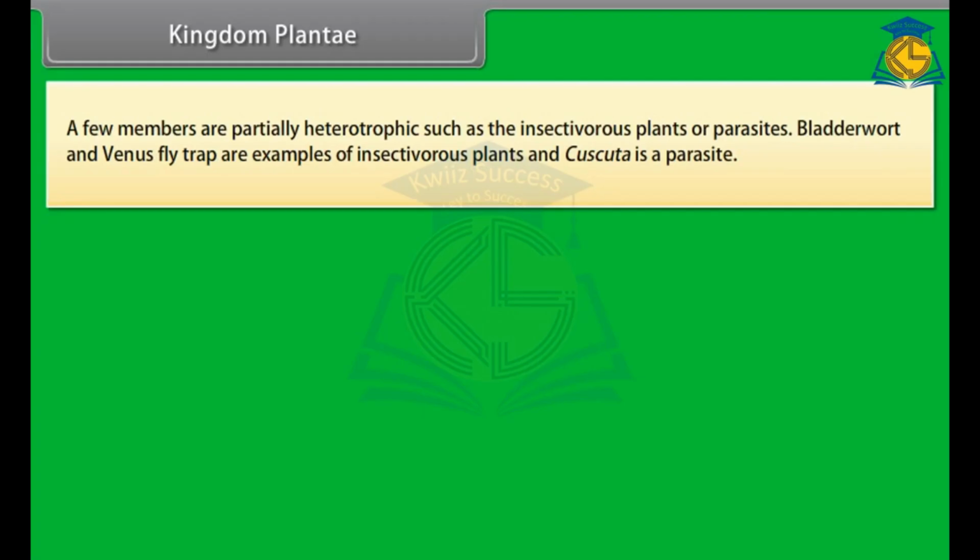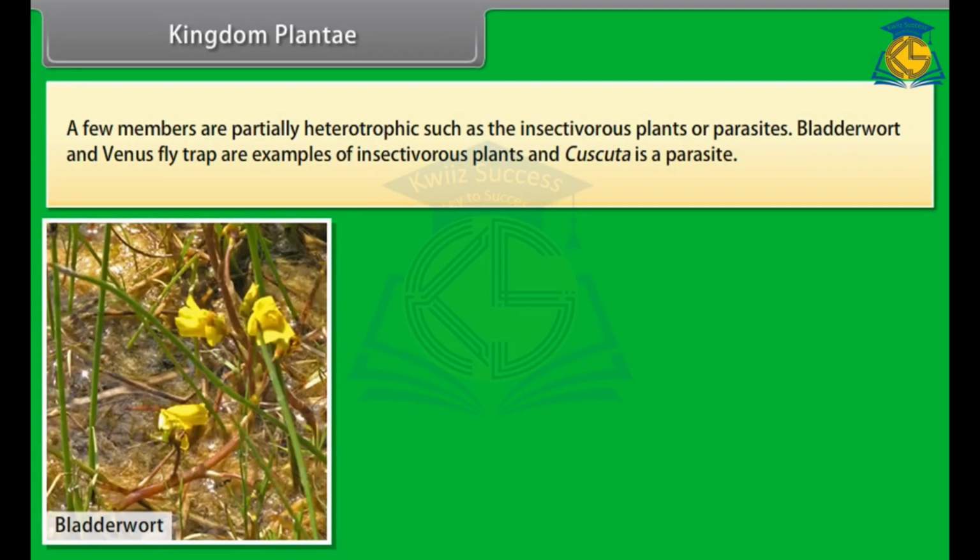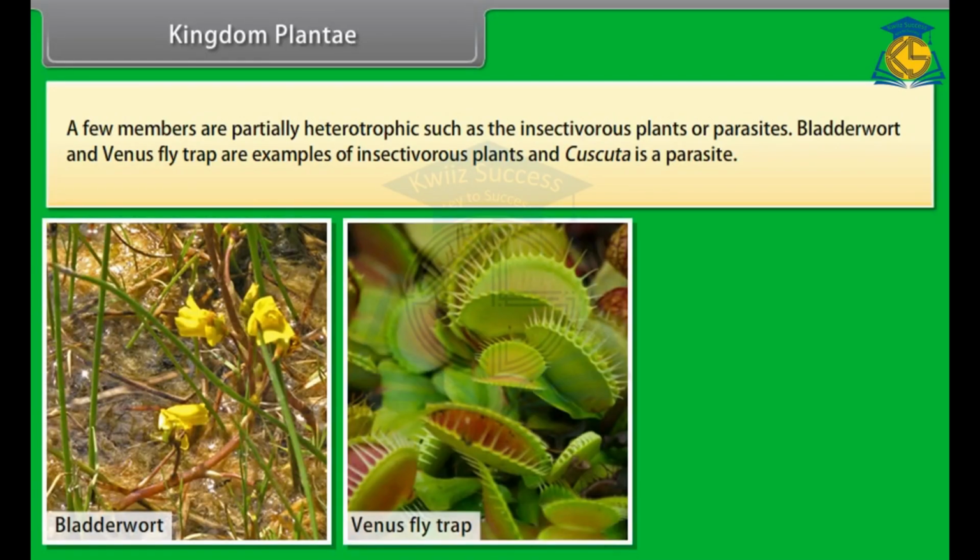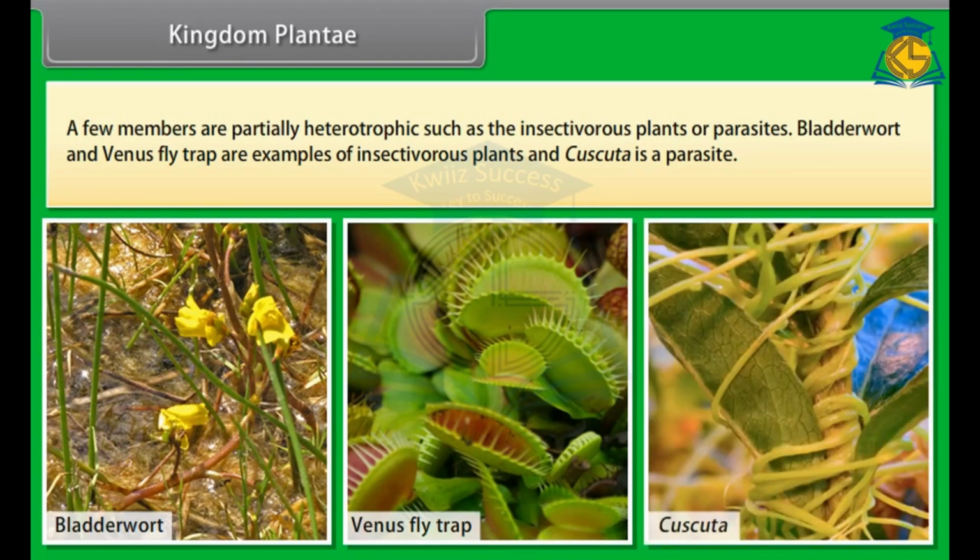A few members are partially heterotrophic, such as the insectivorous plants or parasites. Bladderwort and Venus flytrap are examples of insectivorous plants, and Cuscuta is a parasite. Division of Kingdom Plantae.